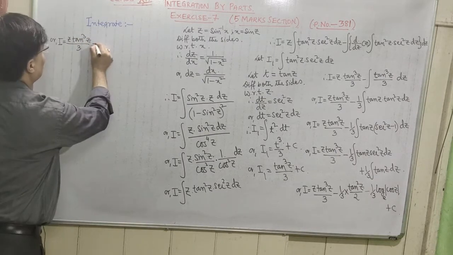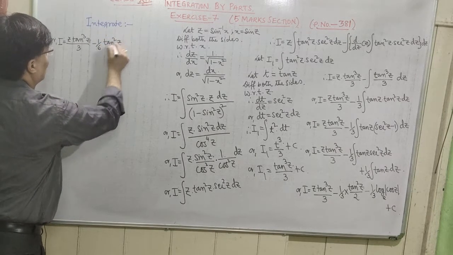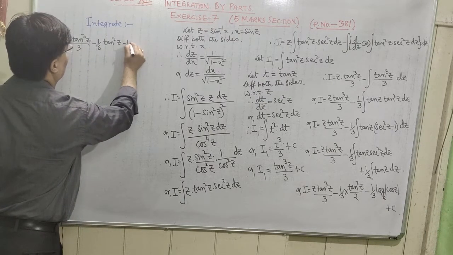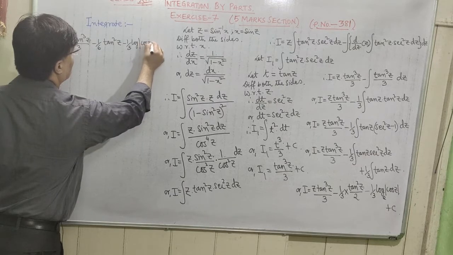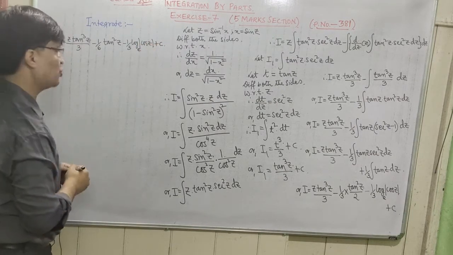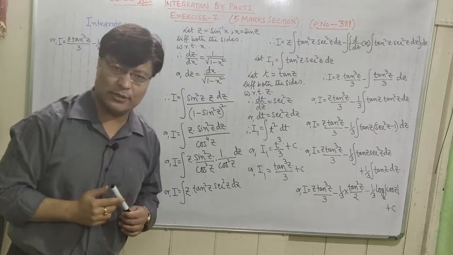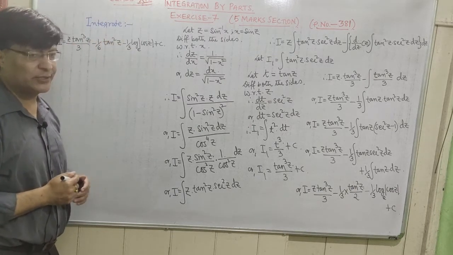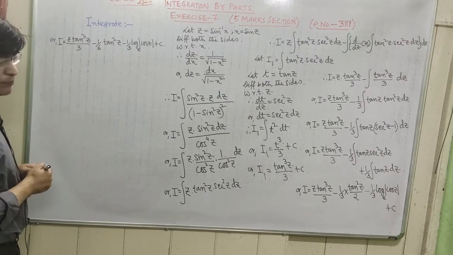Next minus 1/6, this is your tan square z, then minus 1/3 log within mod cos z, the base is e, then plus c. So this is I, but it is in terms of z, but you should write it in terms of x. Okay. So how can you write it in terms of x now?